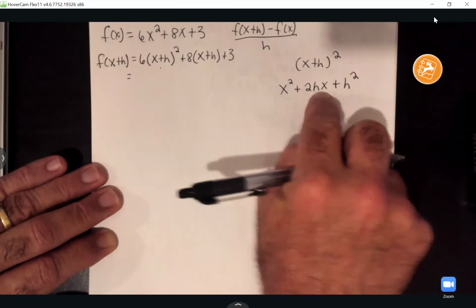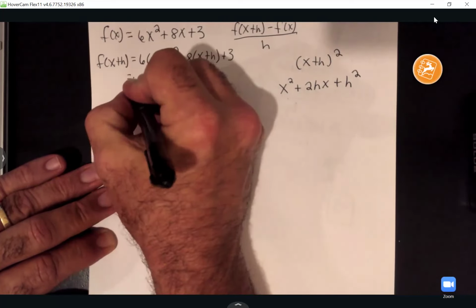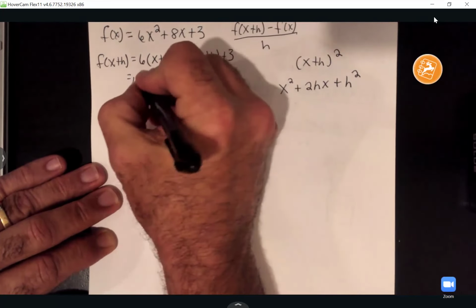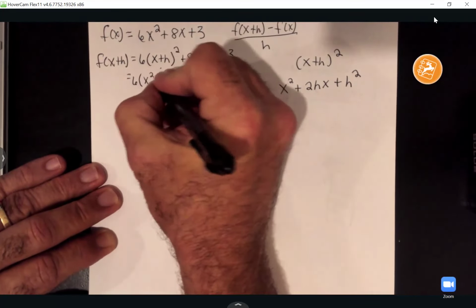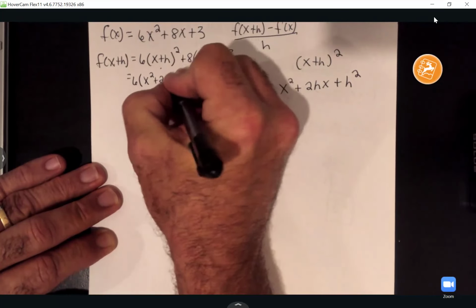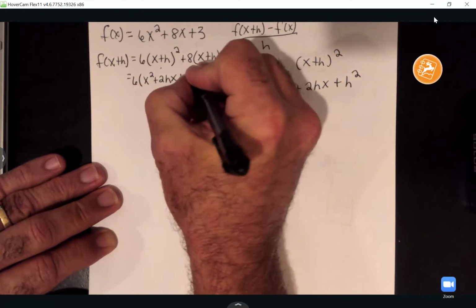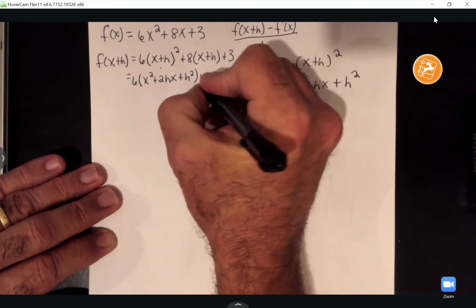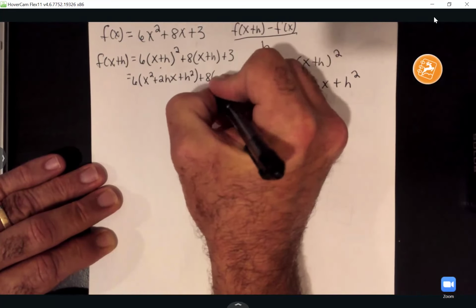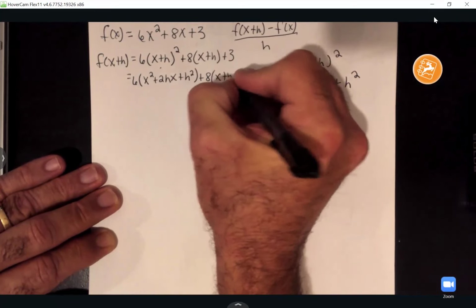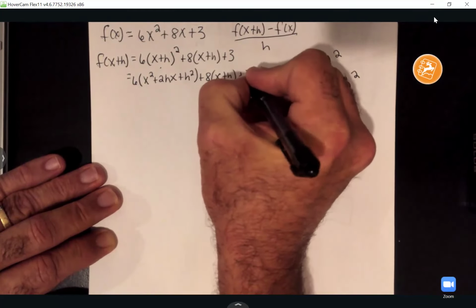So I'm going to replace this into that. So I got 6 times my x squared plus 2hx plus my h squared. And then I'm bringing everything else down: 8 times x plus h plus 3.